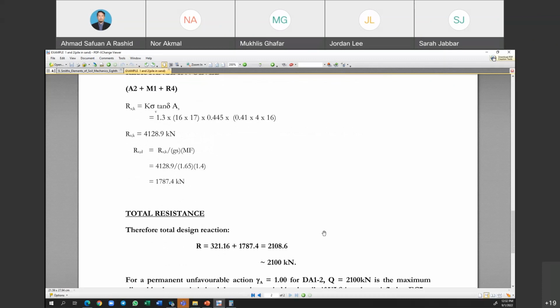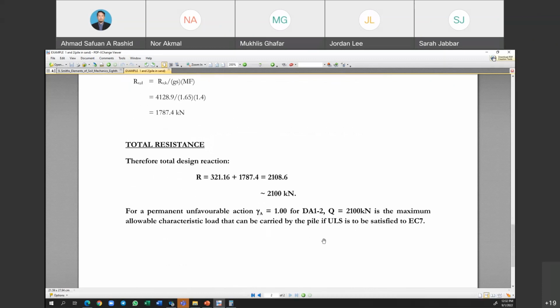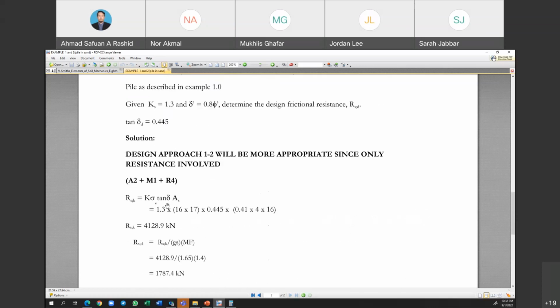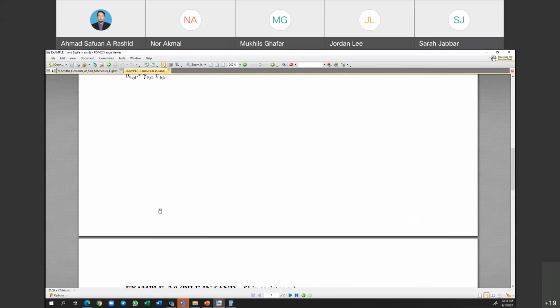So we obtain 2100 kilo Newton. Okay, so for a permanent unfavourable action for DA1, that is the maximum value allowable axial load that can be carried. So that's why he used 1 instead of 1.25, if I'm not mistaken. So that's why he used the M1, not the M2.